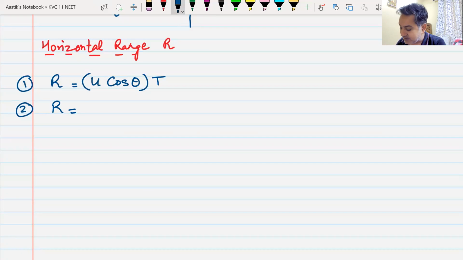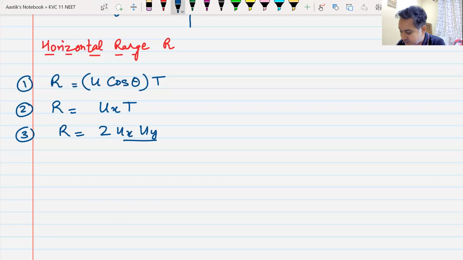Or you can also write it, this ux is u cos theta, so you can write it as u cos theta into t or ux into t. The third way is you can put the value of time of flight, that is 2 times uy by g. In that case, the formula becomes 2 times ux into uy by g.